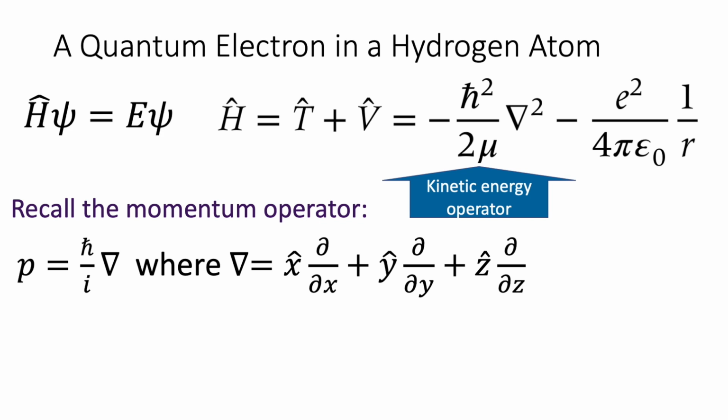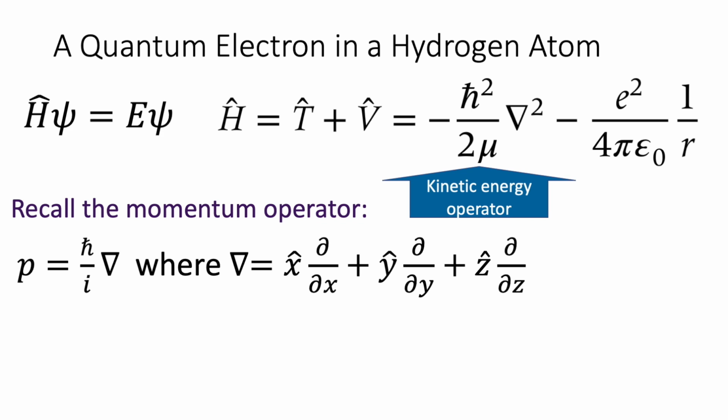That's the momentum operator. This is something that would be previously defined in a quantum mechanics course, but you can take my word for it for now, but make sure you understand this. And i is, of course, the square root of -1, the usual meaning of i. So that's the momentum operator.